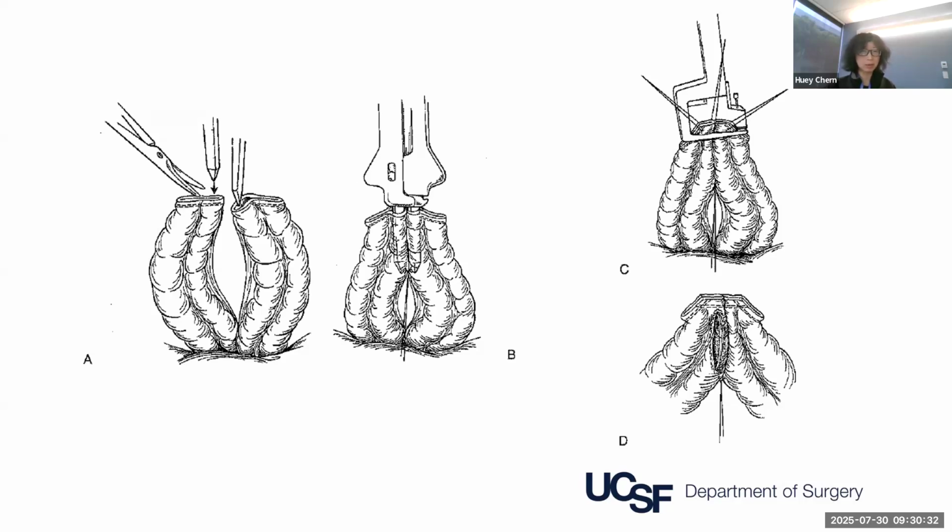You have two blind ends of colon that you're trying to join, and we would use a GIA stapler to form that common channel, and the hole we create to introduce the stapler would be closed with the TA stapler. That is a classic conventional way of doing a side-to-side anastomosis.